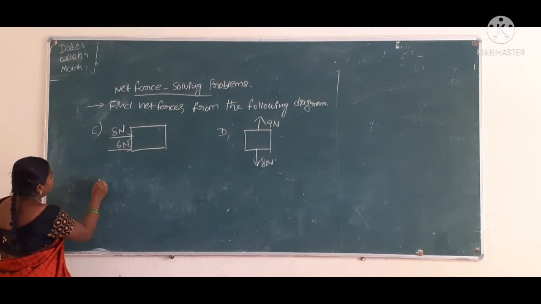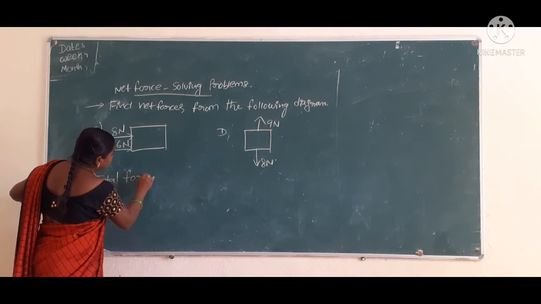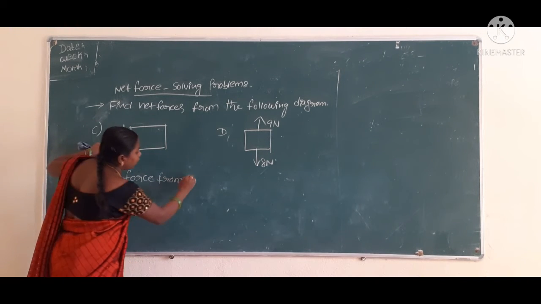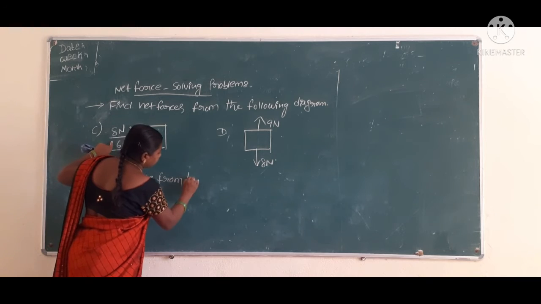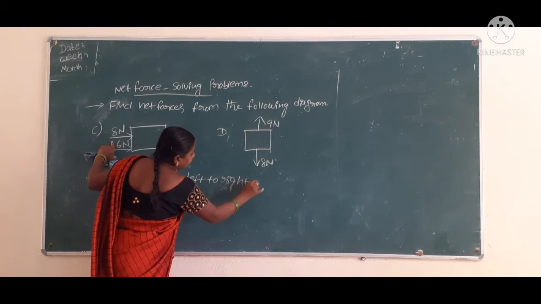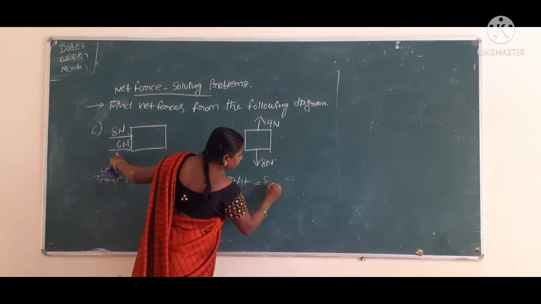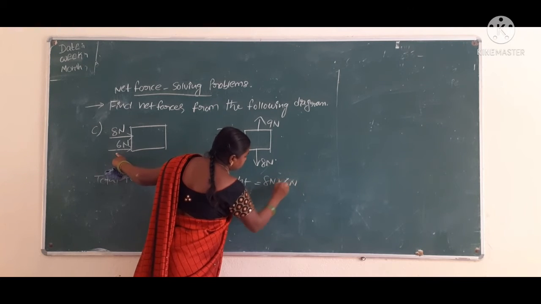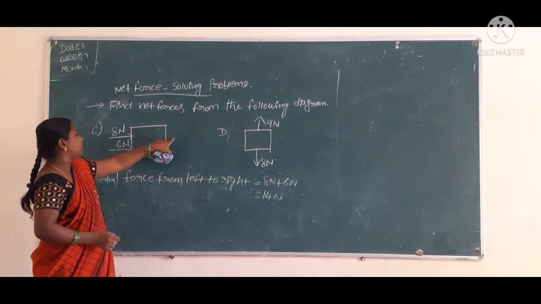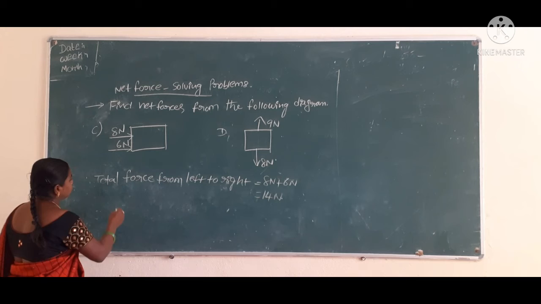So the total force from left to right is equal to 8 newtons plus 6 newtons, which is equal to 14 newtons. And the force on the right side is 0.